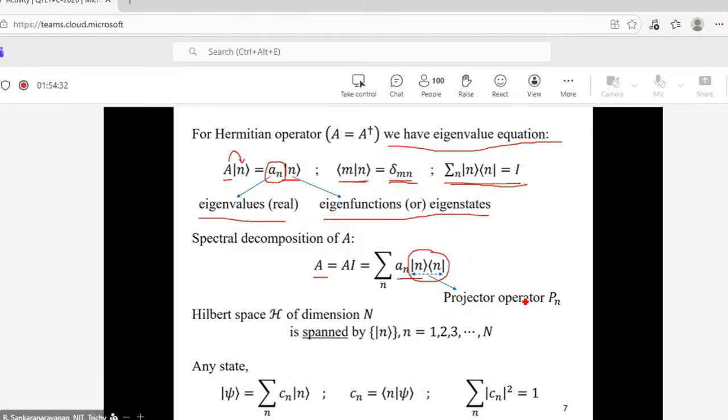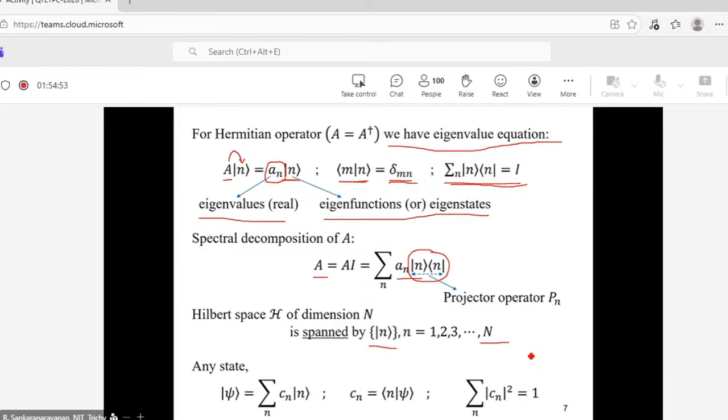So why are these eigenfunctions important? This set of eigenfunctions spans the entire Hilbert space. If you have a set of capital N such eigenfunctions, these N eigenfunctions will form an N-dimensional Hilbert space.